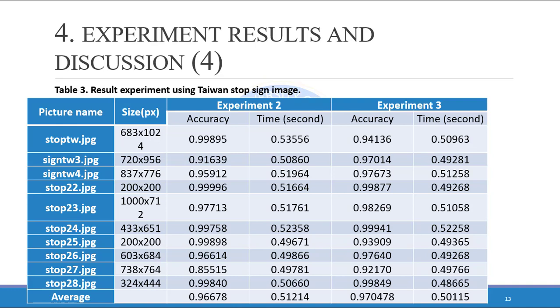Table 3 describes the results of experiment 2 and experiment 3 using randomized 10 Taiwan stop sign images with different sizes and conditions. From the results in Table 3, we can conclude that experiment 3 outperformed the other experiments. As we can see in Table 3, experiment 3 obtained the highest accuracy, 97%, and for detection time, it gets 0.50 seconds.